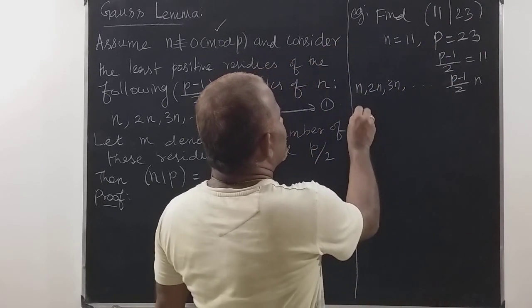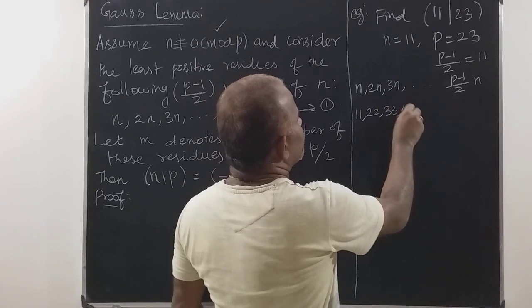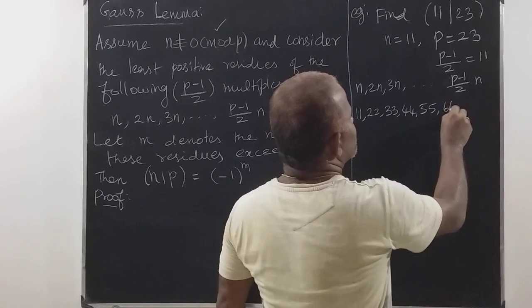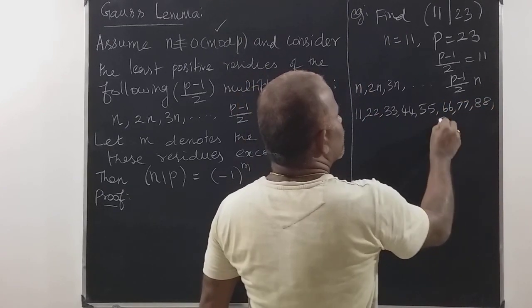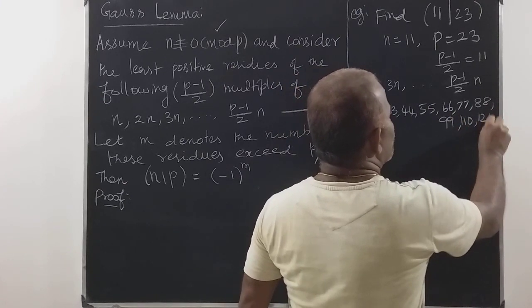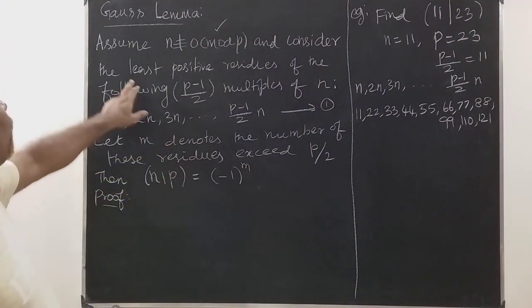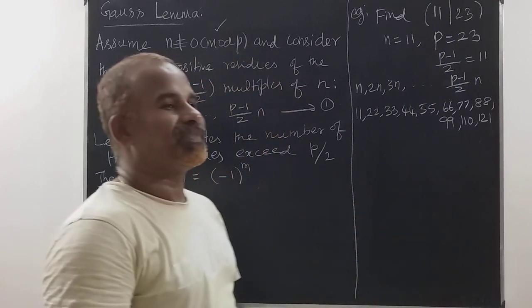So therefore 11, 22, 33, 44, 55, 66, 77, 88, 99, 110, 121. These are the 11 multiples simply. But we have to find the least positive residues mod 23.